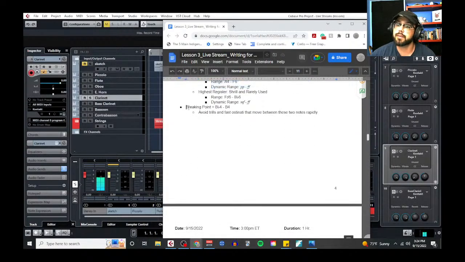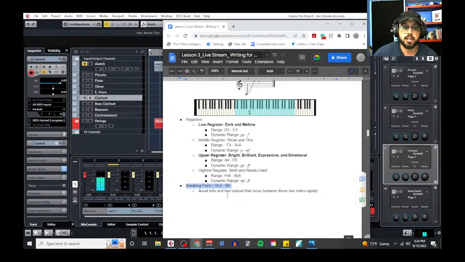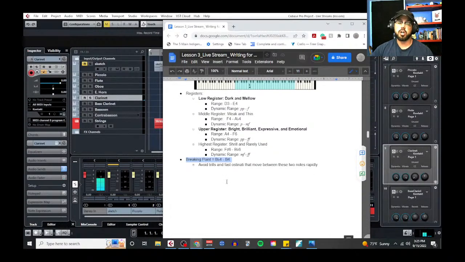All right, and a breaking point. This is just for any of you who want to write music that will be played by a natural clarinetist. The B flat and B just above middle C is called the breaking point on the clarinet. And it's very important to know that the finger positions for these two notes are starkly different and very difficult to navigate.